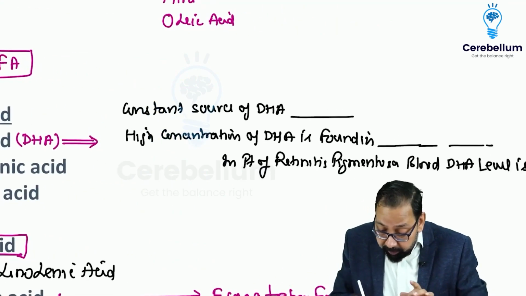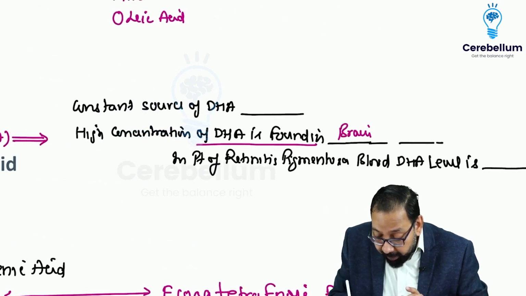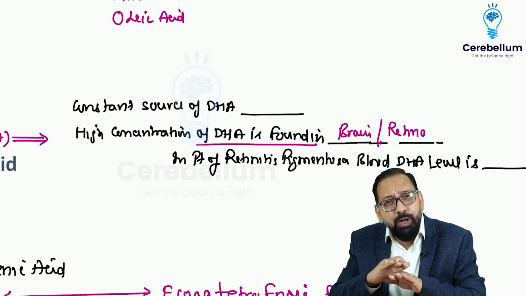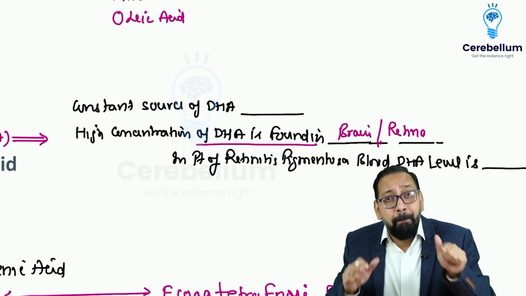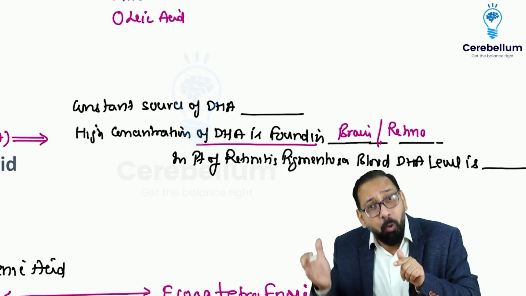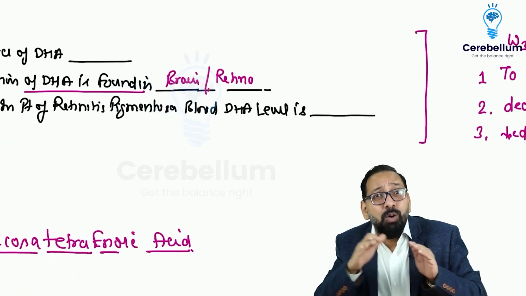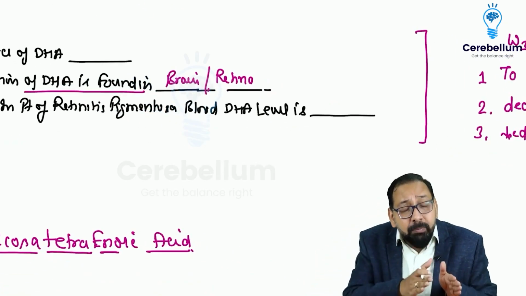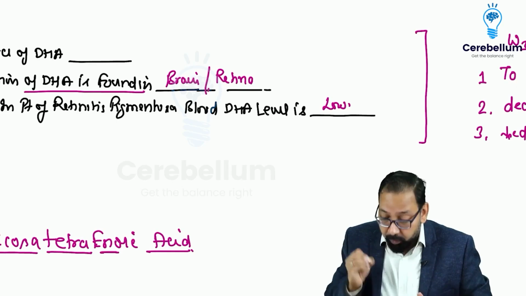We also found a correlation that retinitis pigmentosa patients have low blood DHA levels. It is not etiology, but a correlation.